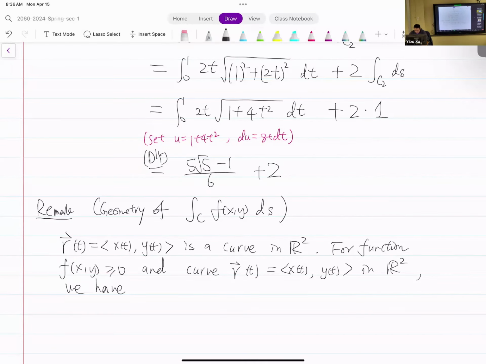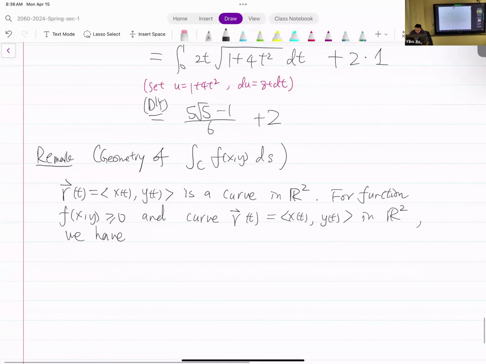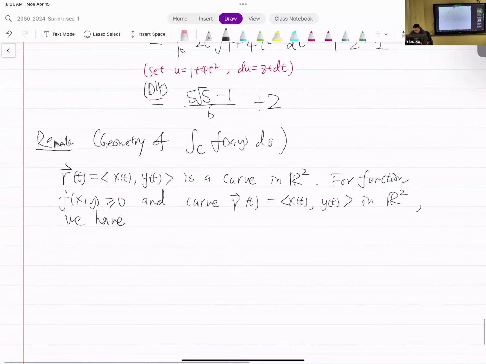So if you think about it, this is actually accumulating the non-negative function, right? If you treat f of xy to be z, as a surface within the space, then actually you are accumulating this elevation along the curve, right?